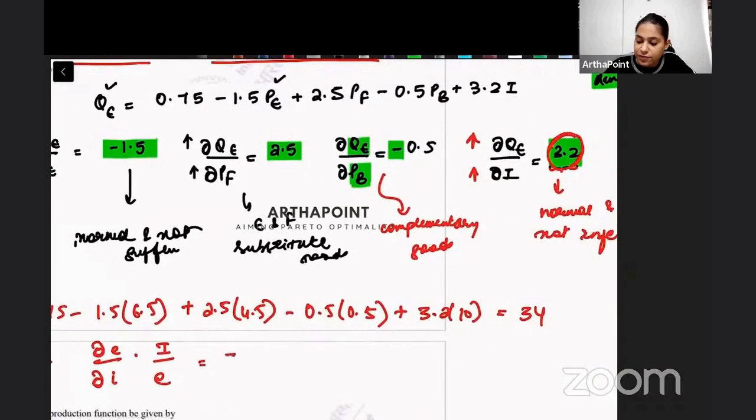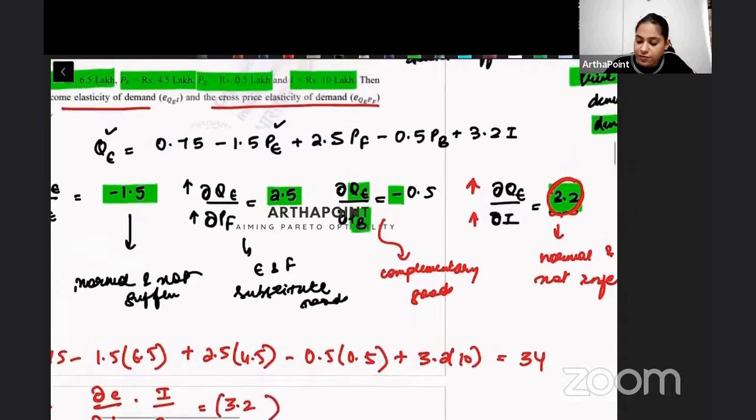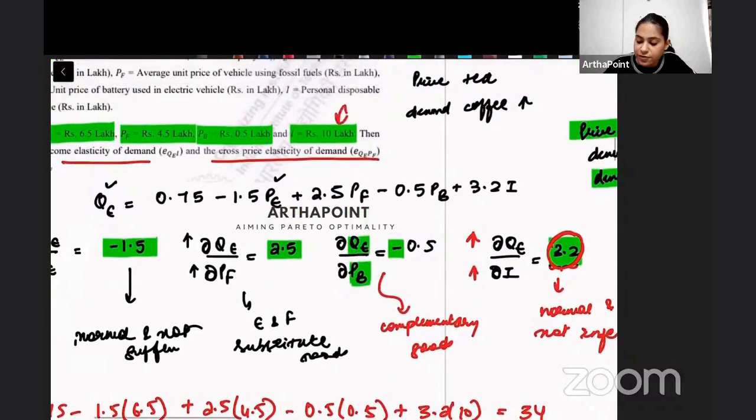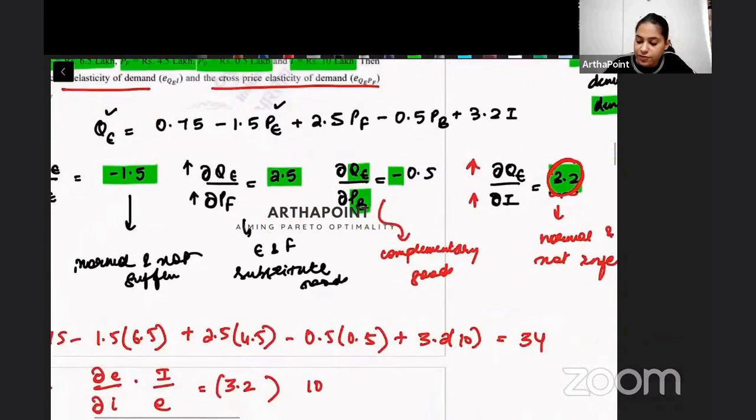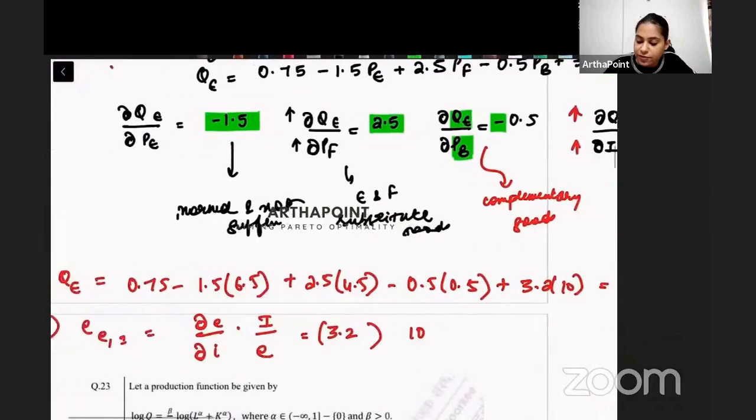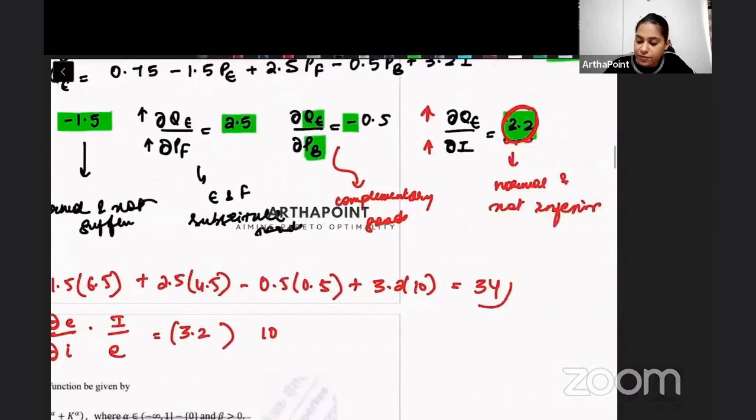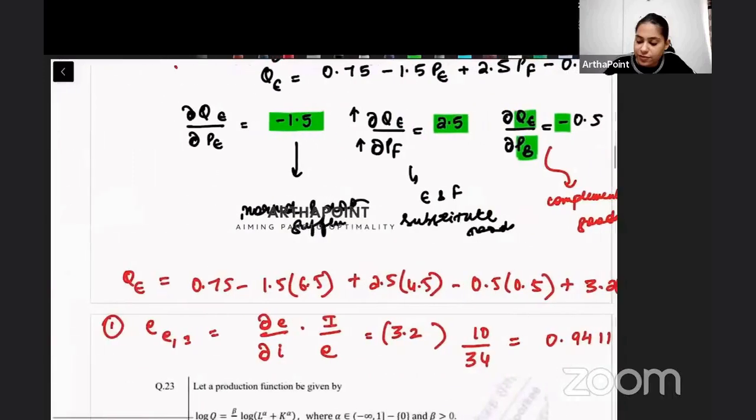This is what we found out. Initial value of income is given to us as 10, and initial value of E is what we have found out as 34. So if we solve this, we will get the answer as 0.941. Very simple.